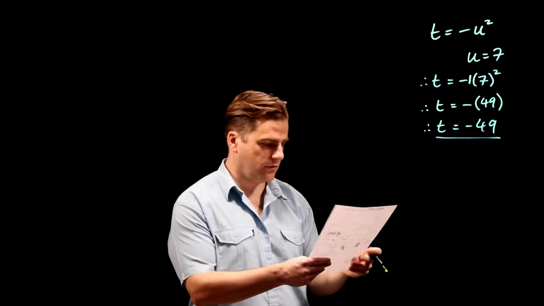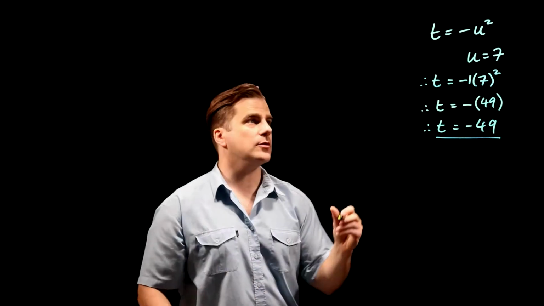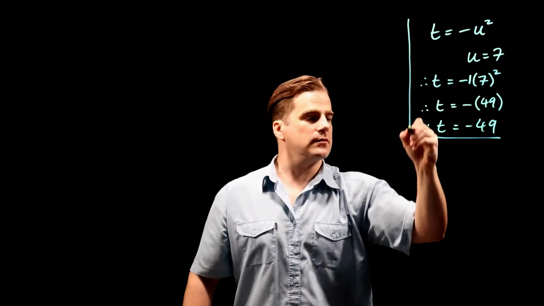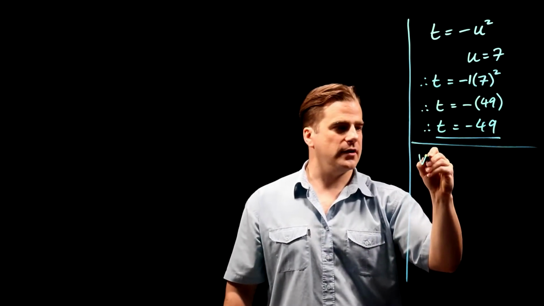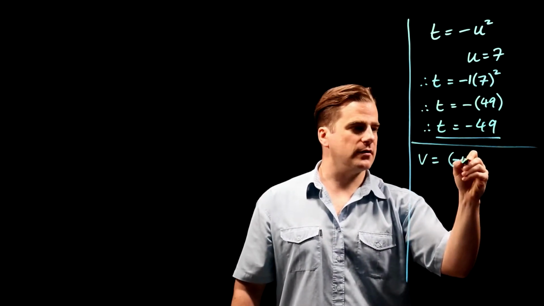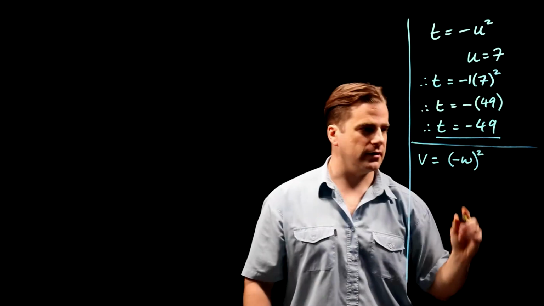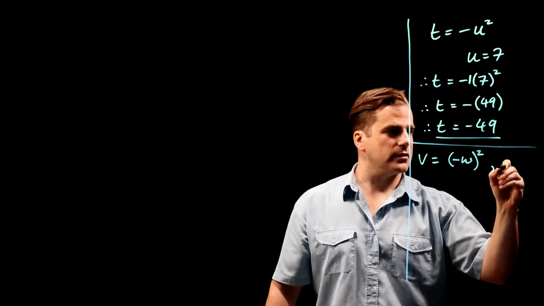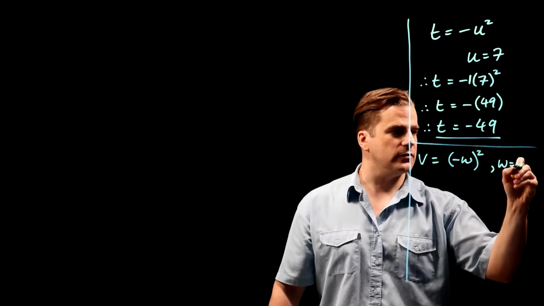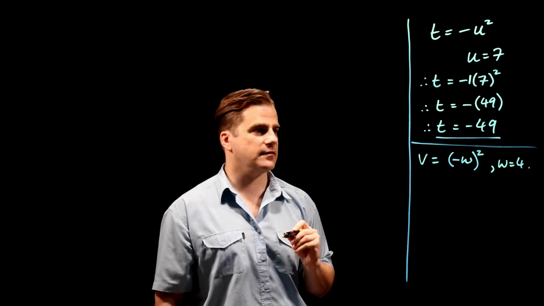Next, let's do v is minus w all squared. And I'll do it here. v is equal to minus w all squared when w is 4. Okay? Comma w equals 4. Right.